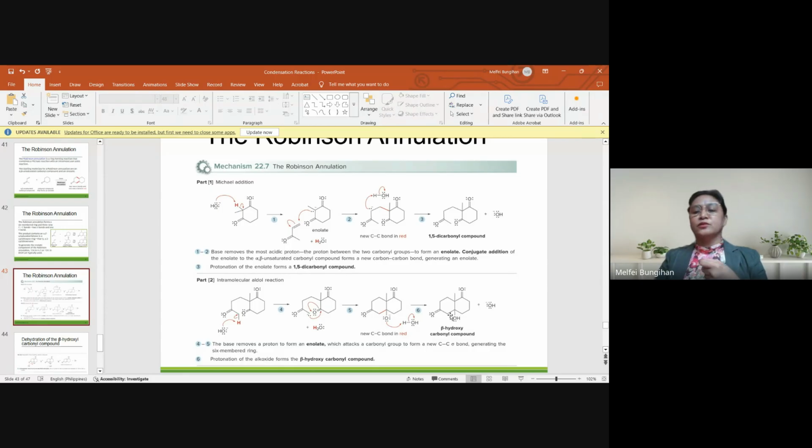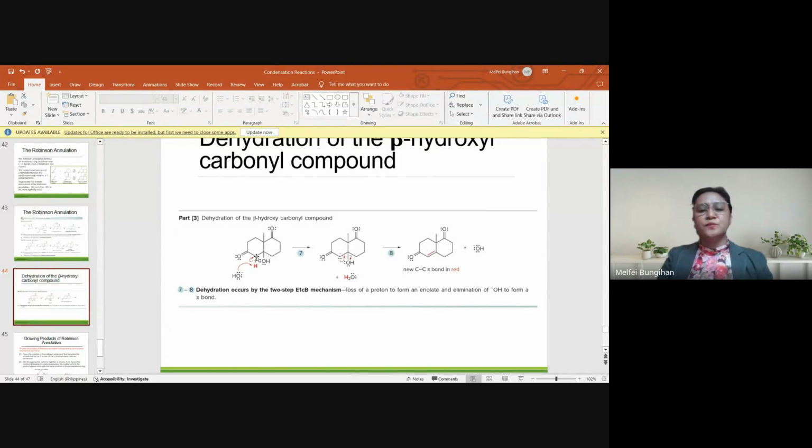So you have now a pi bond that is formed after dehydration of your beta hydroxycarbonyl compound. So the dehydration process will give you the new carbon-carbon bond that has become a pi bond.